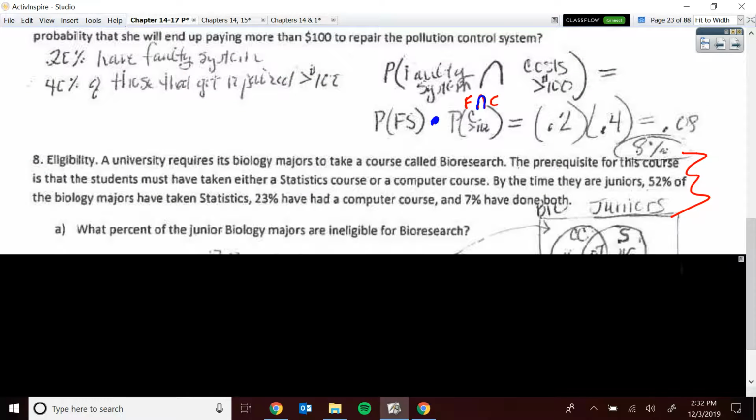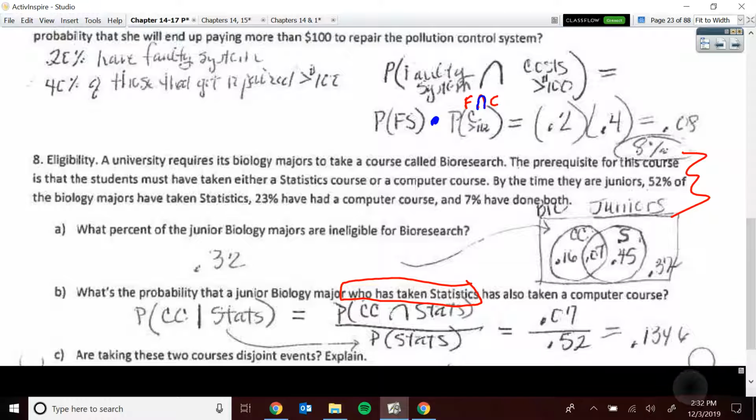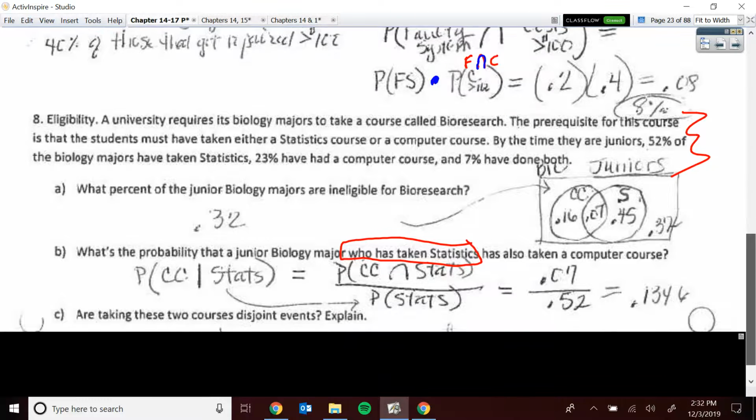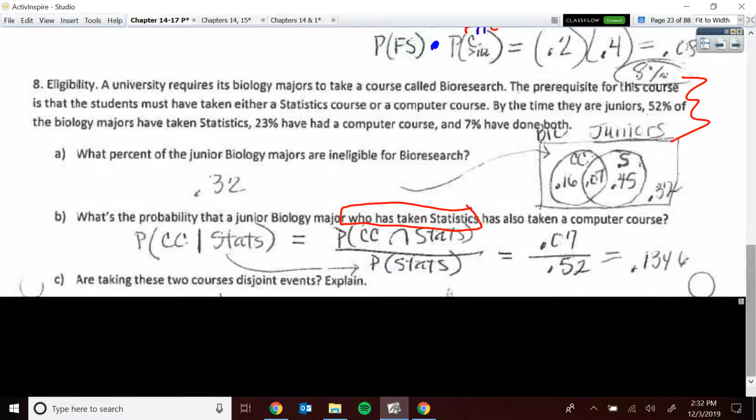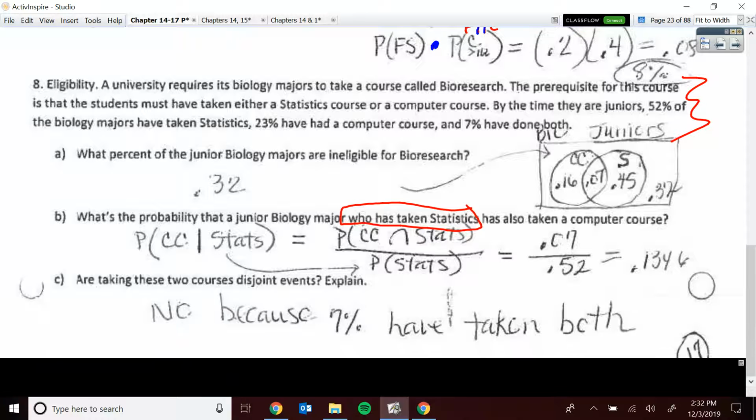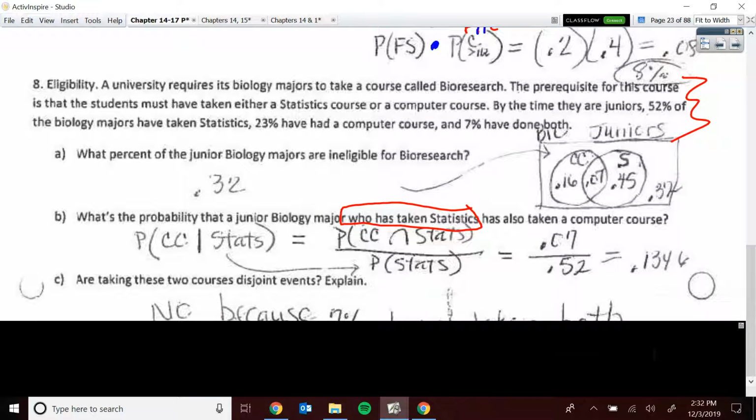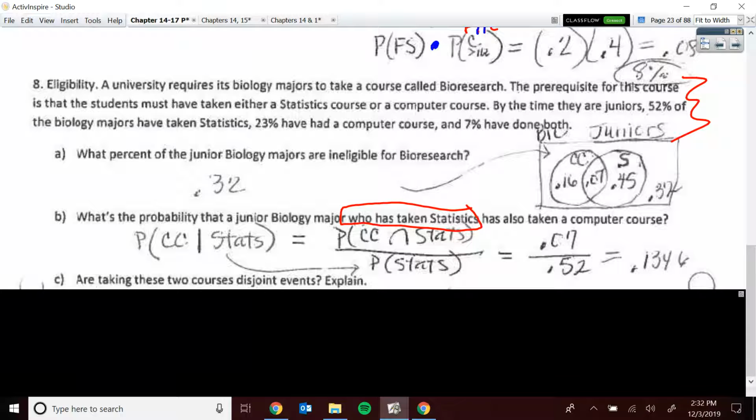Okay, and then here we've got our junior biology majors, and of the junior biology majors who have taken statistics, so that's your denominator, have also taken a computer course. So our denominator is all the statistics students of 52%. And see, look here, all 52%.